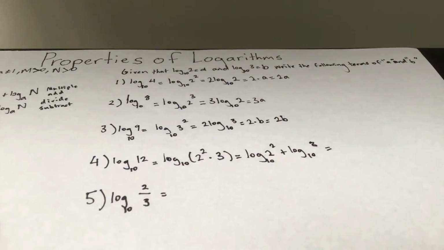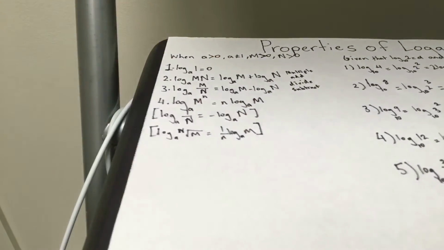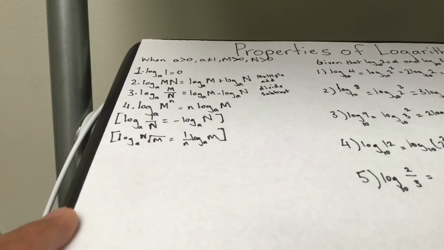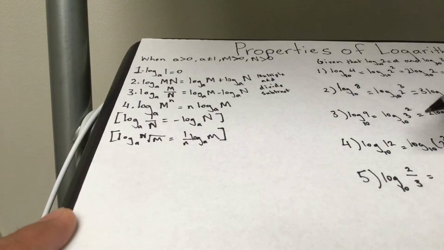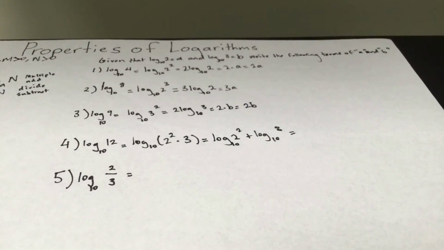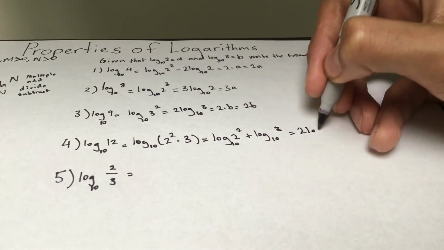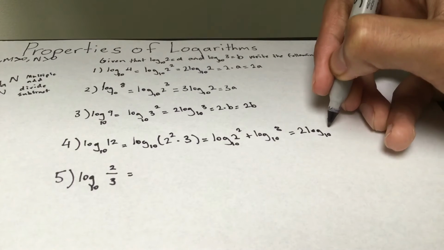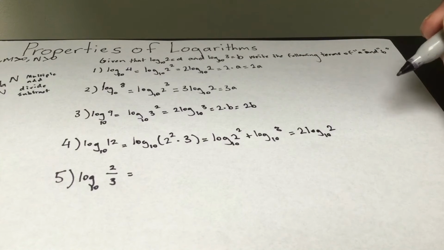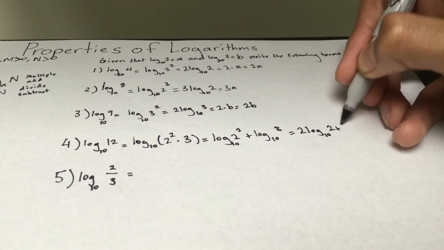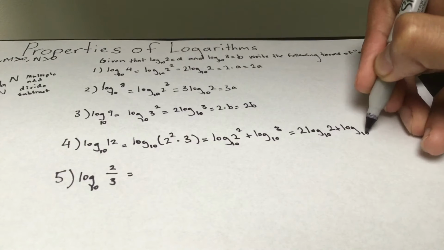And there's another rule we have to follow, number 4. We have an exponent at the top, so we take that out first. So 2 is taken out, so 2 log 10 2. And then we add, so plus log 10 3.